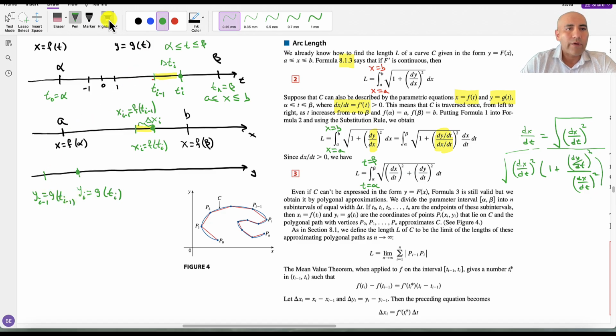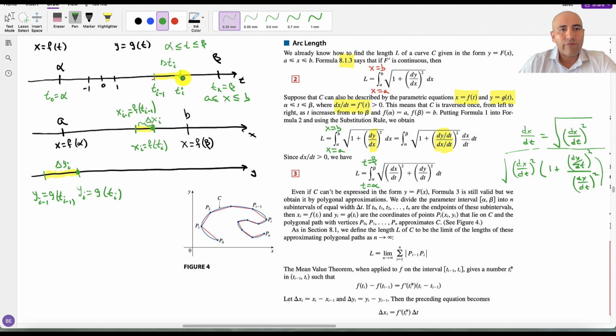And again, we end up with a little change along the y-axis direction, which is delta y sub I. Okay, so there's a change in the t direction here. As t ranges from t sub I minus 1 to t sub I, there'll be a little change in the x and a little change in the y.